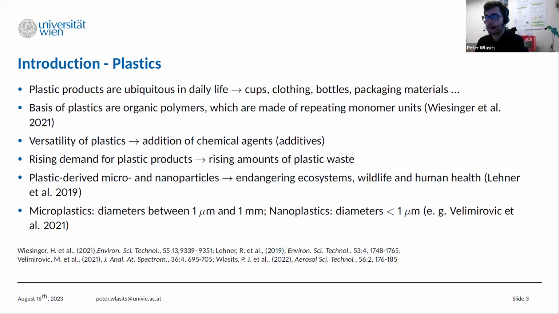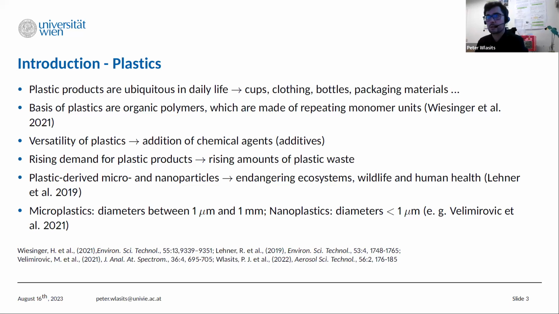That is especially valid for plastic-derived smaller entities, so-called micro and nanoplastics, that have been shown to endanger ecosystems, wildlife, and also human health.